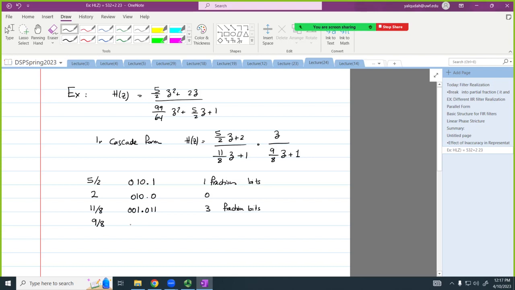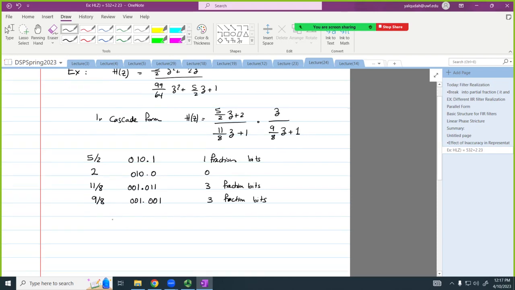And 9 over 8 is going to equal 001.001, so I need 3 fraction bits. Therefore, if I look at this implementation using a cascade, there is no coefficient quantization error.